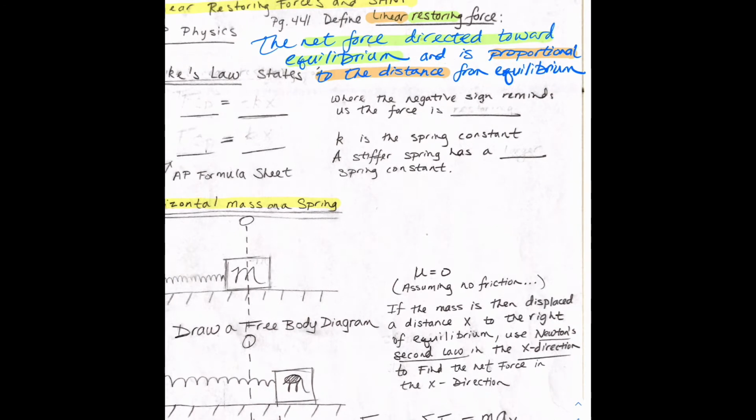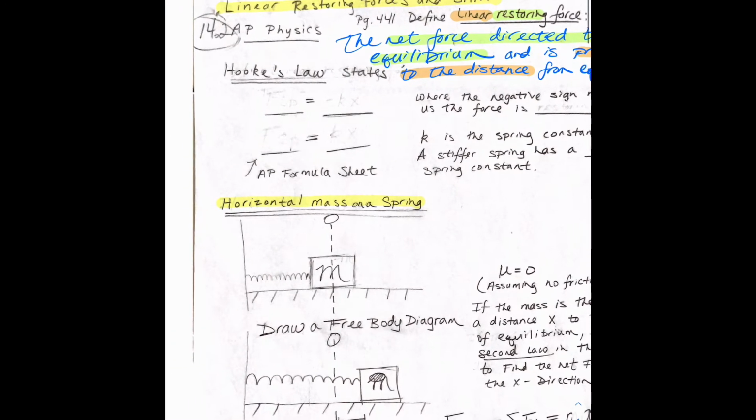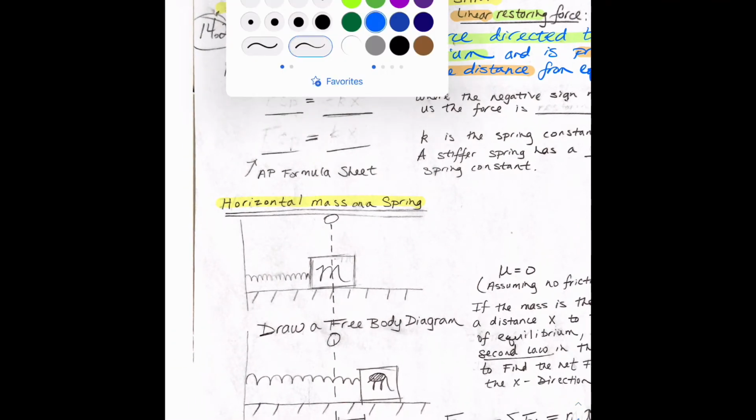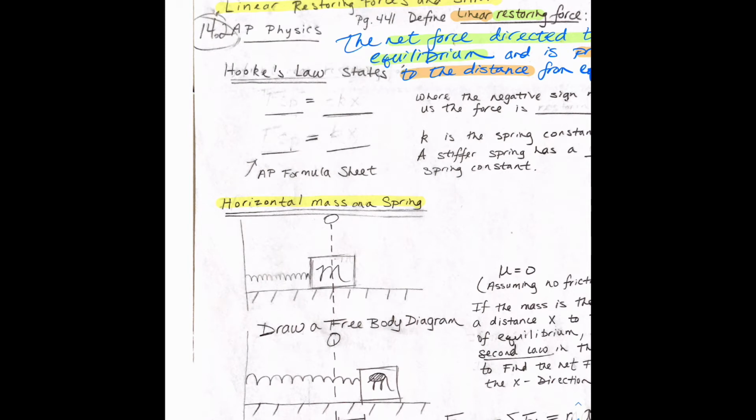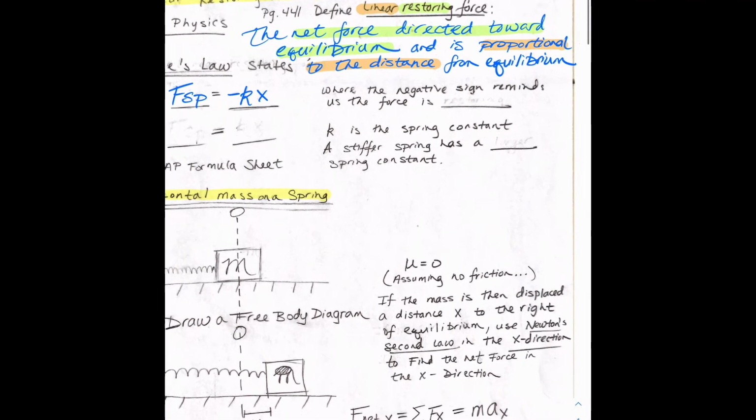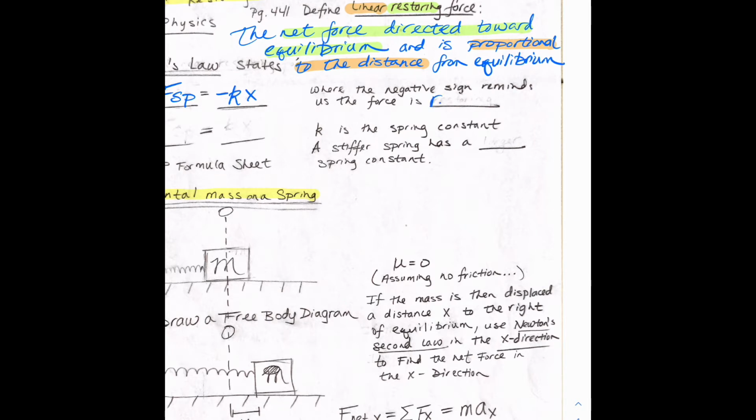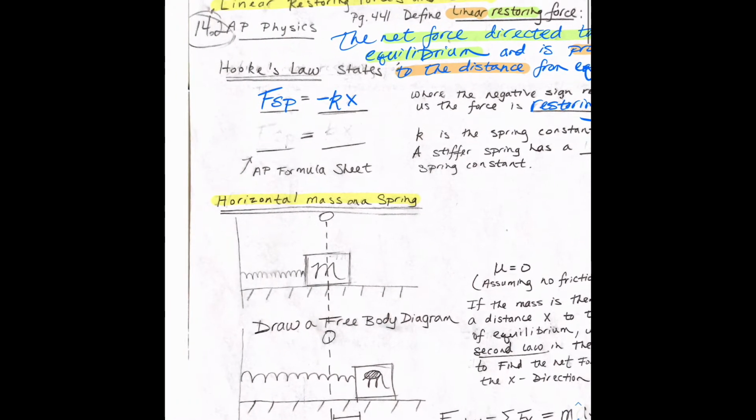Okay. Let's go ahead then and look at Hooke's law. So in the textbook, Hooke's law is written as force spring equals negative kx, where the negative sign reminds us the force is restoring. But on the AP sheet, they like to write it as force spring equals kx.